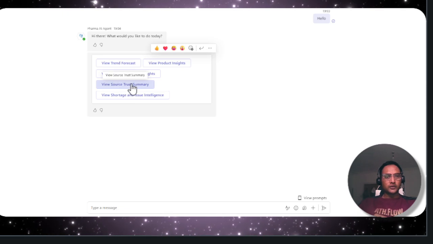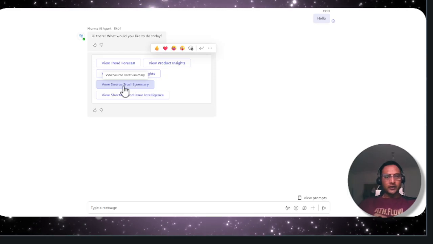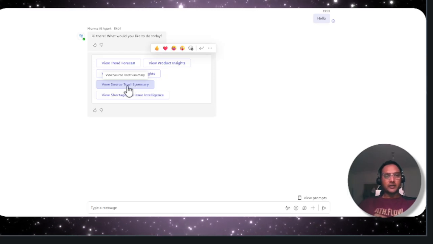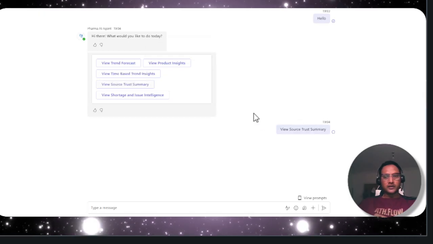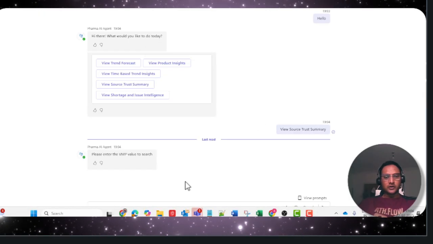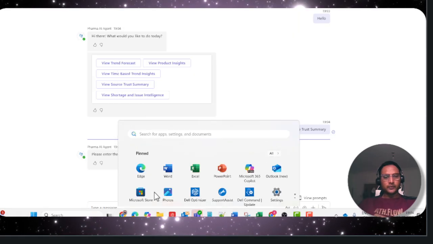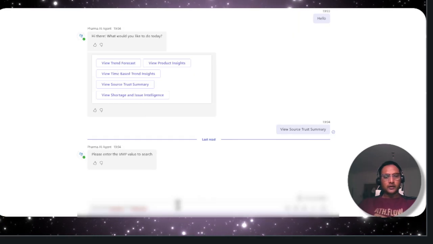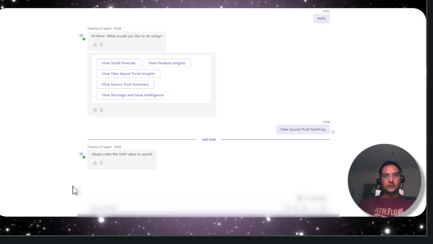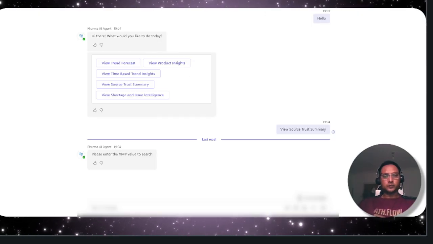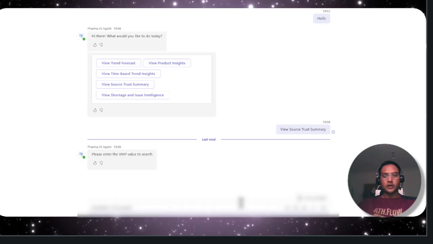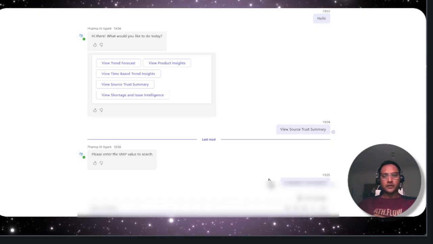We have sourced a summary where it will categorize based on the price type and the source. So I'll click on this. Now it will ask me to pass the value. Just passing one of the medicines here.